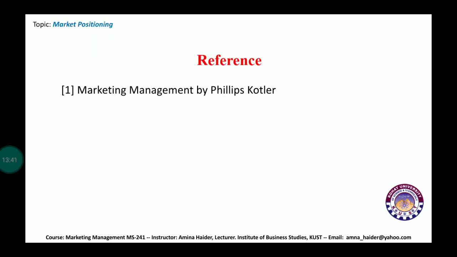So, summarizing today's lecture, according to the basic principle of marketing, products and services are created to solve customer problems, to satisfy needs and wants, and they need to provide certain types of benefit.